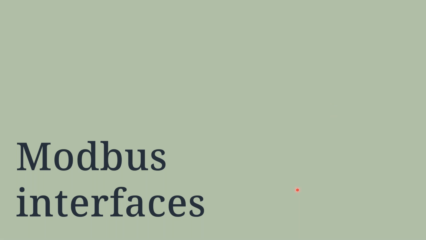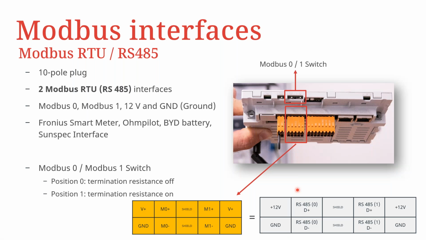Let's now have a look at the Modbus interfaces, starting with the Modbus RTU that implements the RS485 communication protocol. This communication terminal has 10-pole plug terminals.